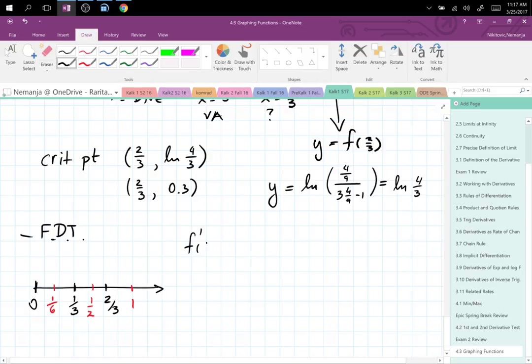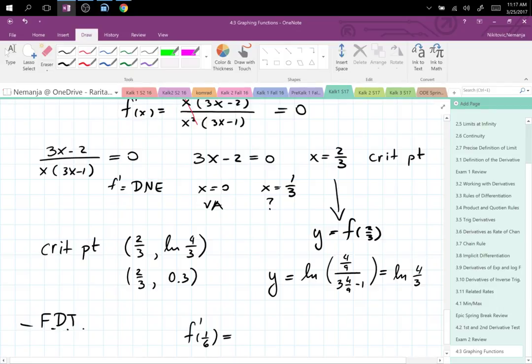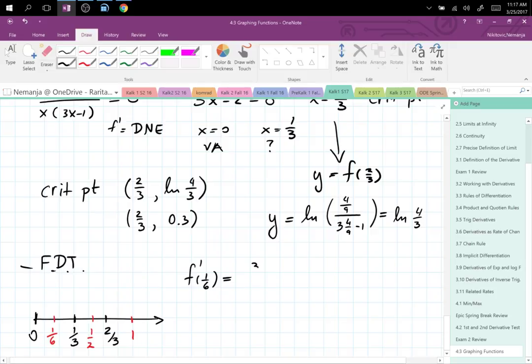Where's our first derivative? It's 3 times 1/6 minus 2, divided by 1/6 times (3 times 1/6 minus 1). These cancel. I get -3/2 on top, because it's 1/2 minus 2.